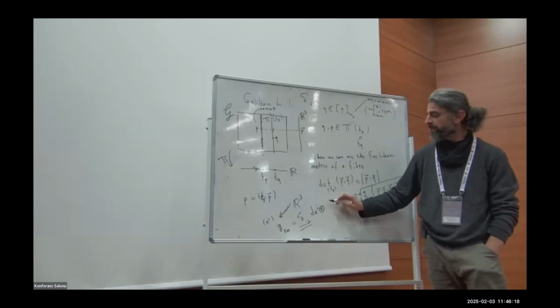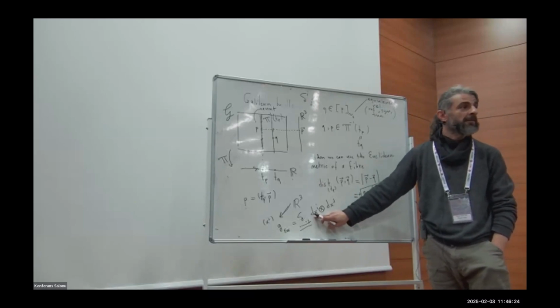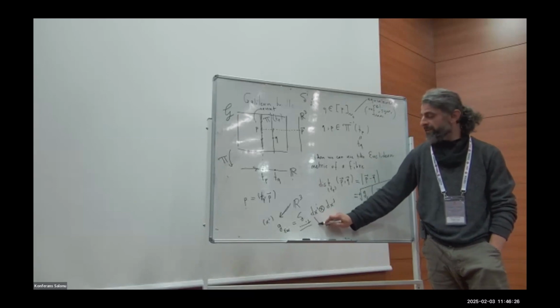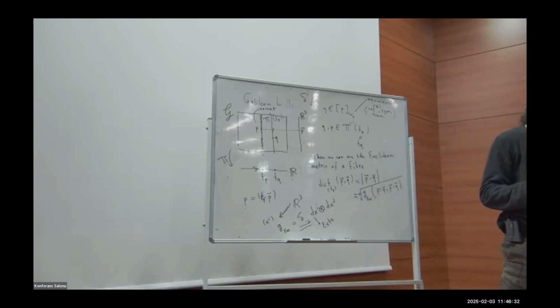This is the tensor product. So these are the Cartan derivatives, the exterior derivative. It is not the ordinary derivative that you are used to dealing with in infinitesimal calculus.